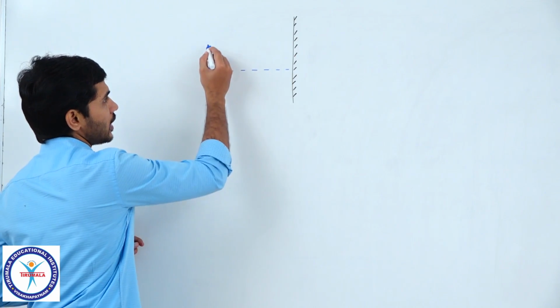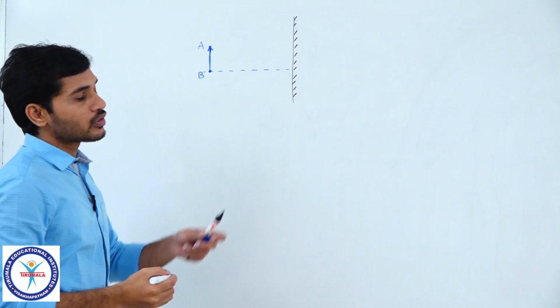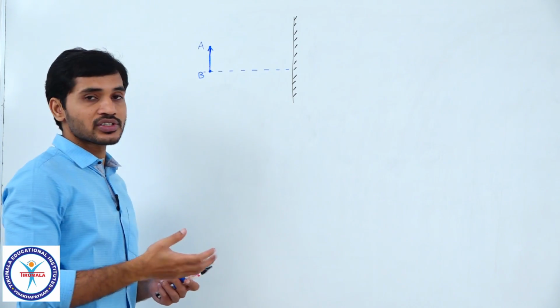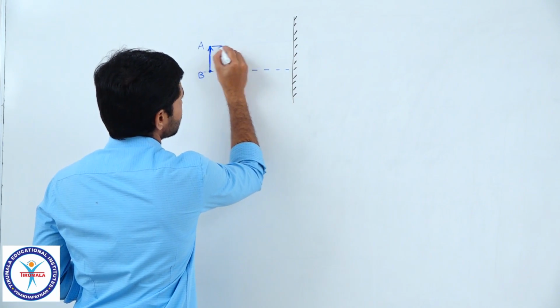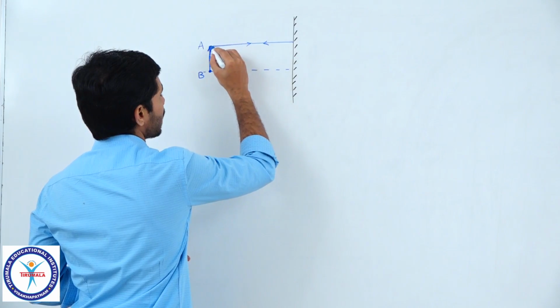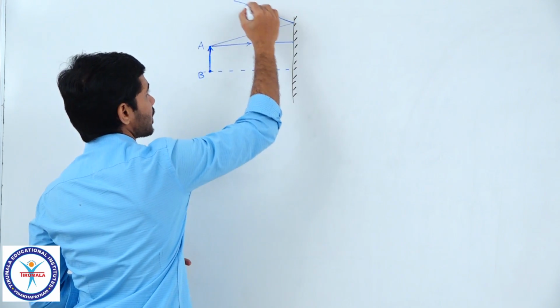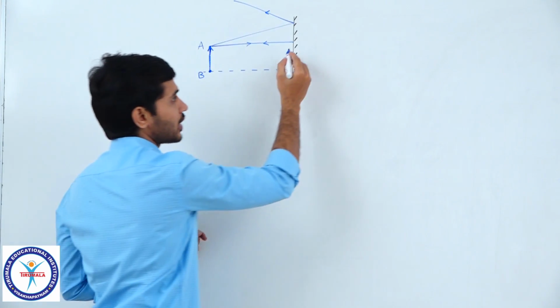So, let me call this as A and this as B. Now, let us find out where the image is formed. We have just discussed one way of doing that, by taking a light ray from this, reflecting it back, taking one more light ray from here, reflecting it back, and finding the point of intersection of the reflected rays behind the mirror.